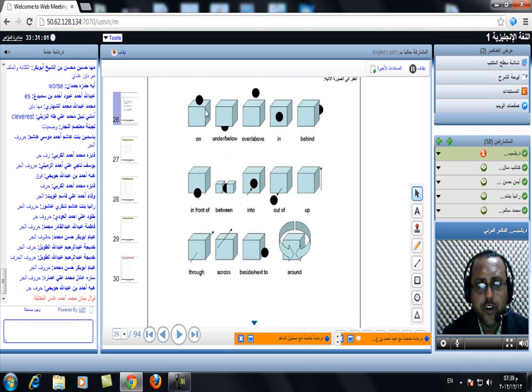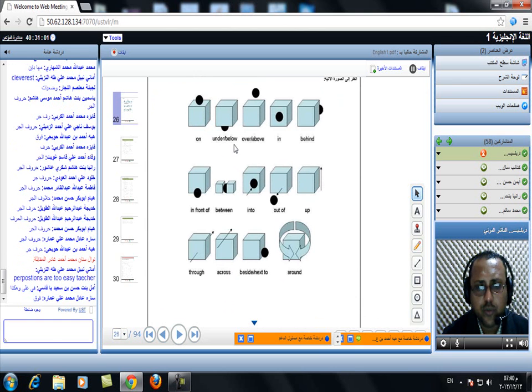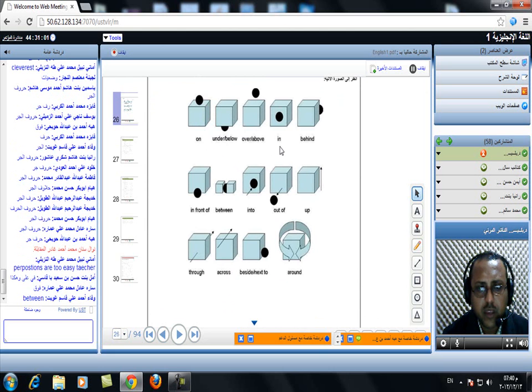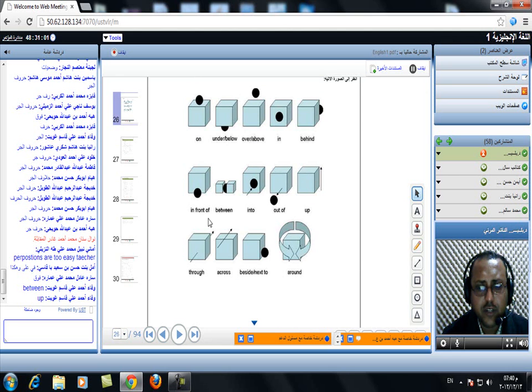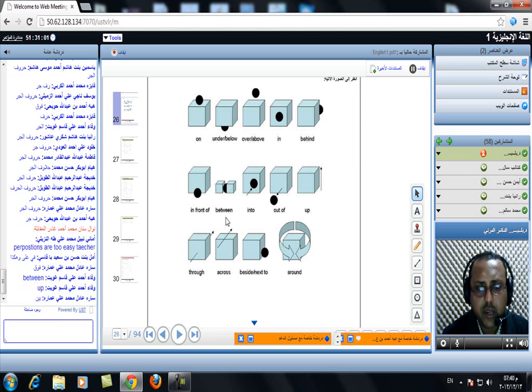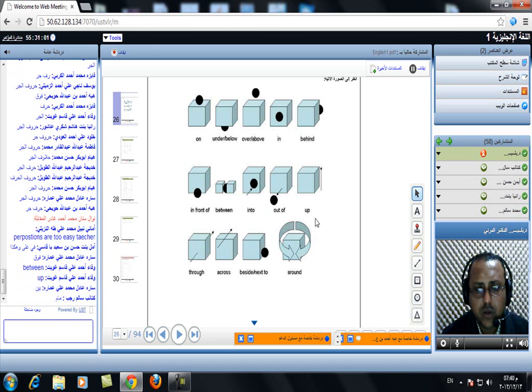See, on. See now the ball. Where is the ball? It is on the box. Under or below, over or above, in, behind, in front of, between, into, out of, up, through, across, beside or next to, around.